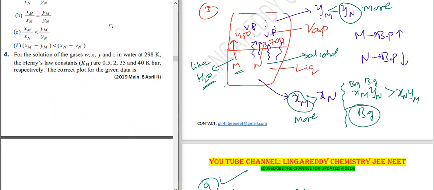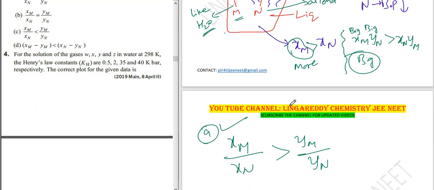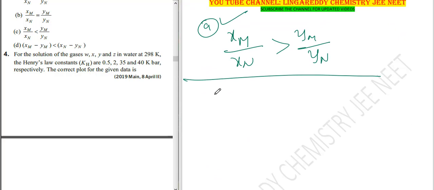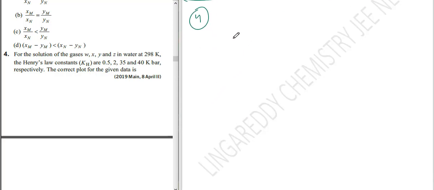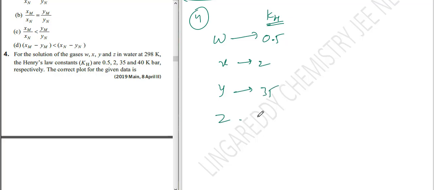Next, question number 4. Here W, X, Y, Z is given. At the same temperature, the Kh value, Henry's law constant, is 0.5 to 35, 40 kilobar, right?